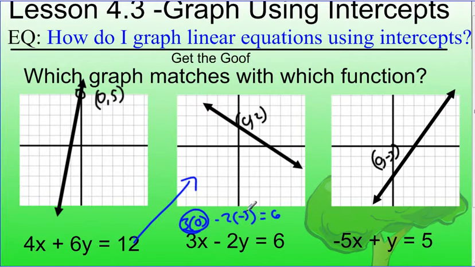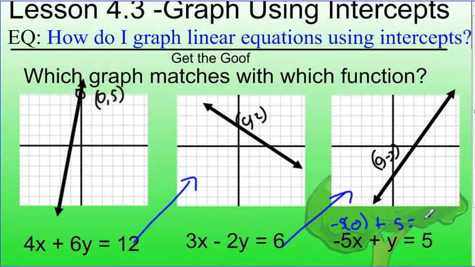Negative 2 times negative 3 is a positive 6. That worked out. Which hopefully means that this one does match up with that, but let's check. If we plug in 0 for x, 5 for y, does this work out? Well, negative 5 times 0 is 0. Plus 5 is 5, and 5 equals 5. Yes, it does. So that is actually how these guys match up.